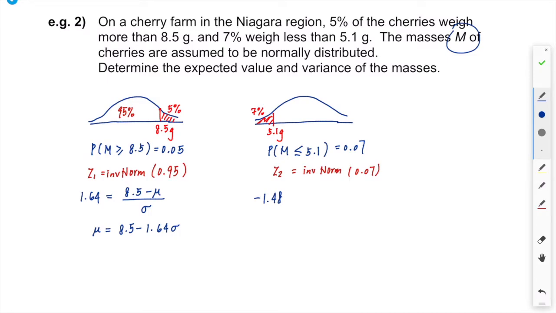So you get a negative z-score. The weight here is 5.1 minus mu divided by sigma. Rearranging, I have 5.1 plus 1.48 sigma. So it seems like we do have a possible solution because we have two equations with two unknowns.